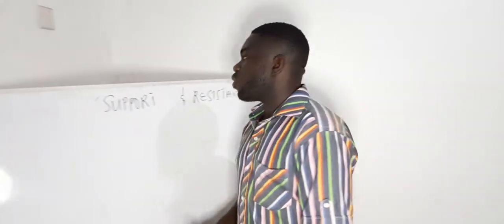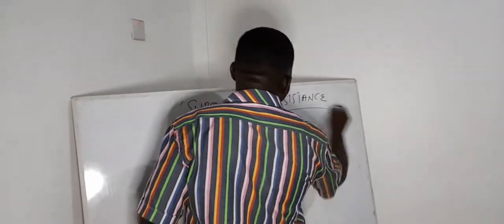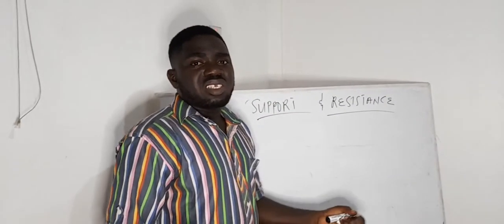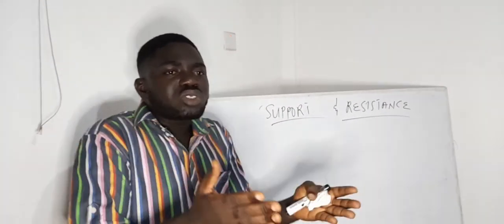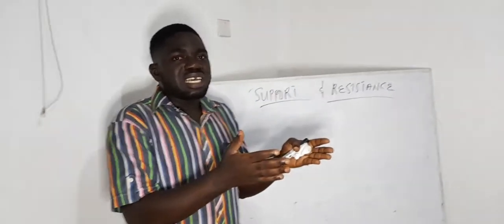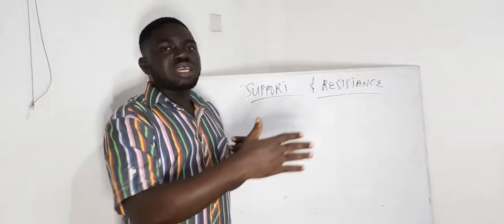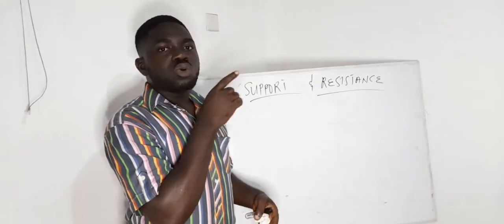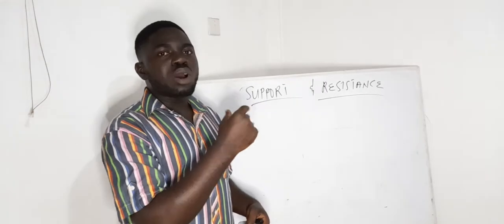So first of all, we don't have what we call resistance that runs through the market, and we don't have what we call support that runs through the market. It's two words meaning one thing.